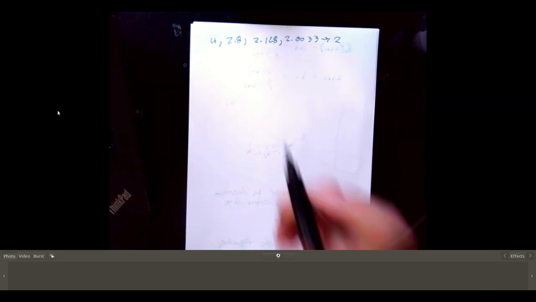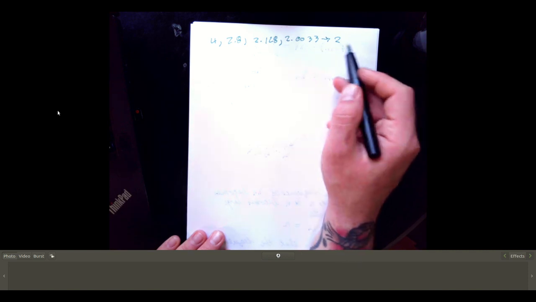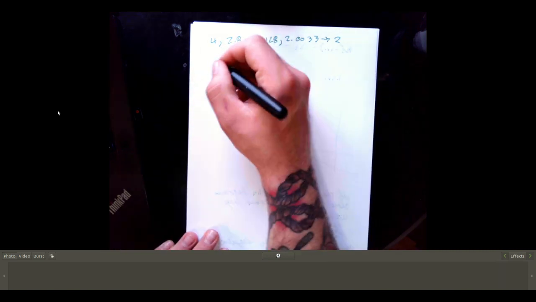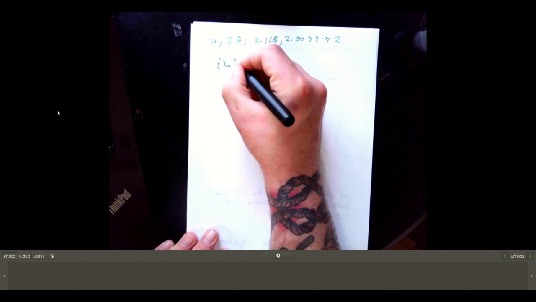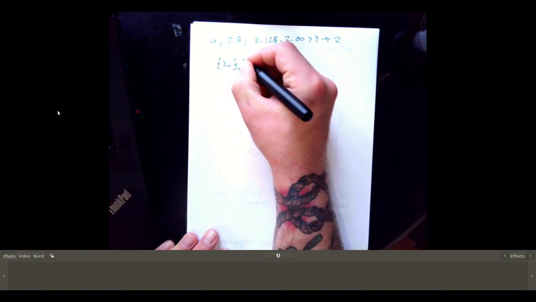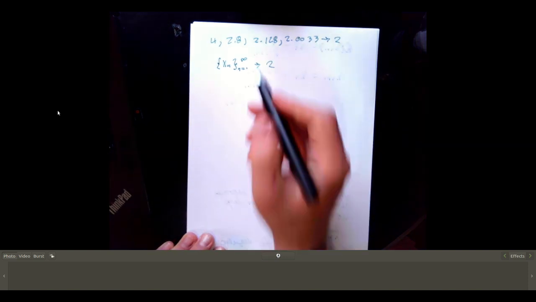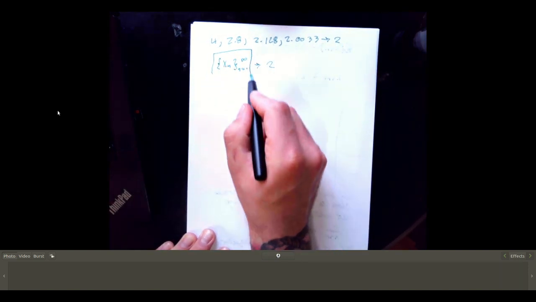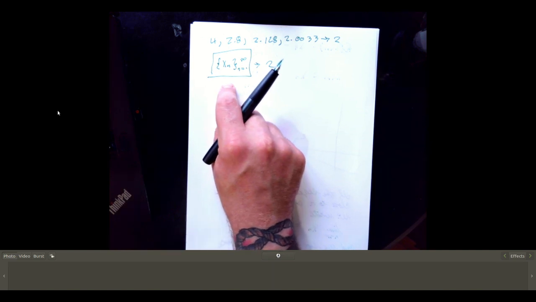So we would say that this sequence converges to 2. You might also see this notation, the sequence of x sub n, as n goes from 1 to infinity, goes to 2. Some texts, and I haven't seen it in our book, use this notation for sequences.